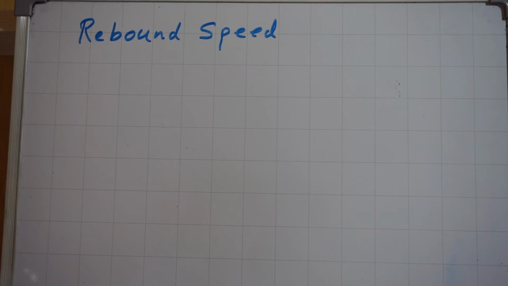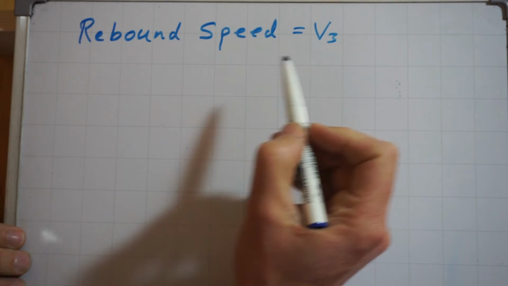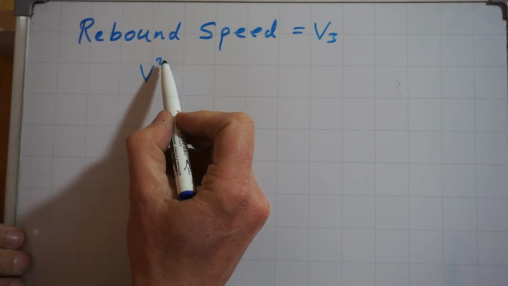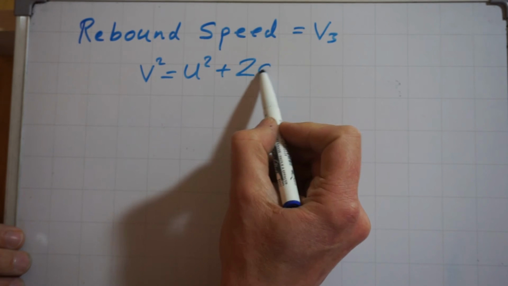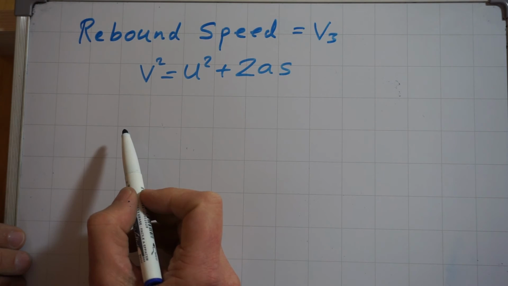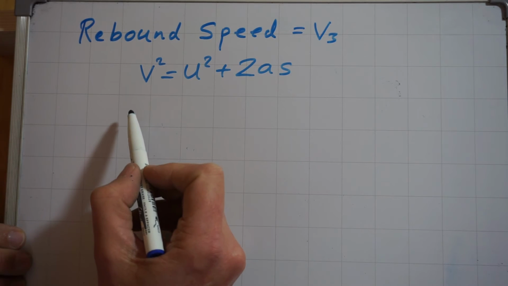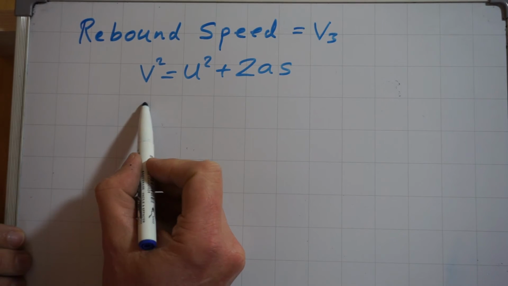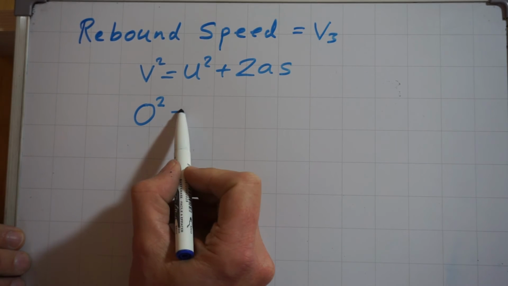We will now calculate the rebound speed for this second bounce, which we will call V3. Again, using v squared equals u squared plus 2as. The ball is moving upwards, so in this case v will be equal to 0 because the ball comes to rest at its highest point.